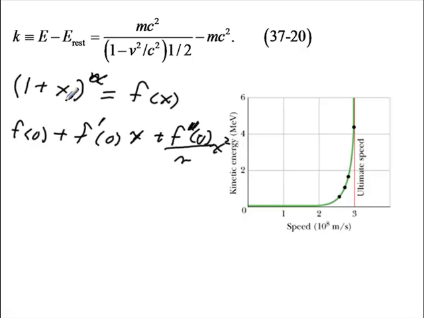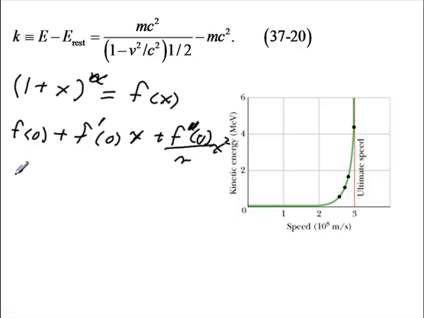Because I'm expanding around x equals 0, this is known as a Maclaurin series. If I'd expanded around a random x, it would just be a Taylor series. For our purposes, we're just going to focus on these two parts here. Our x is going to be v squared over c squared. And because v is going to be much smaller than c, if I square that quantity, it's going to be pretty negligible.